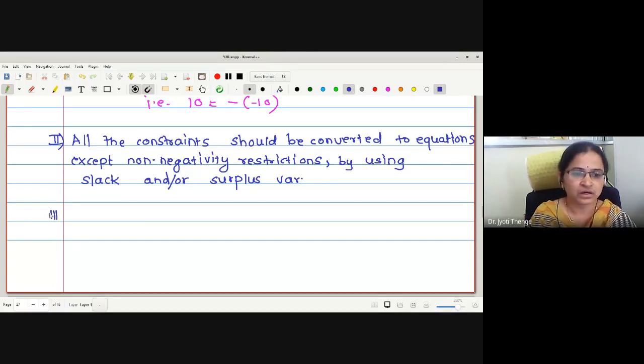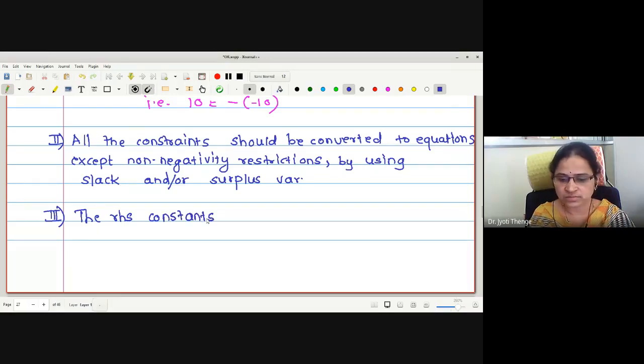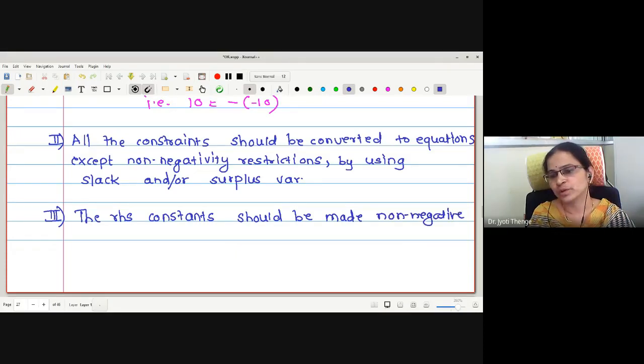Right. Third is the right hand side constants. The right hand side constants should be made non-negative. Means negative is not accepted.